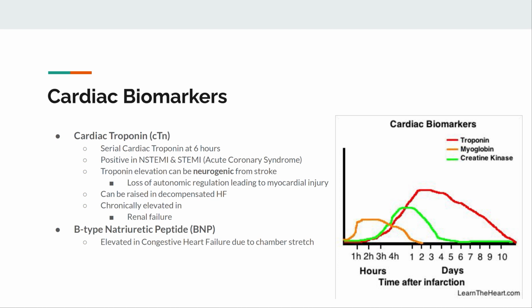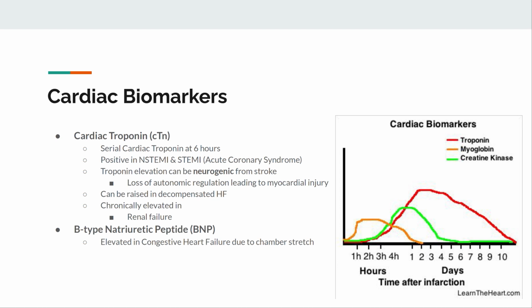The serial troponins are measured at admission and then 6 hours later, and they'll be positive in an N-STEMI and a STEMI, which are the two on the far end of the acute coronary syndrome. They will be negative in unstable angina, as we'll talk about later.